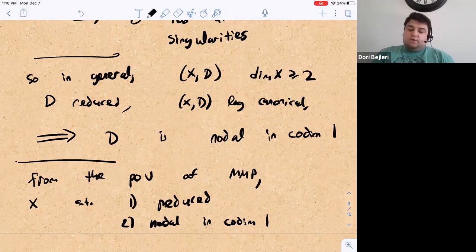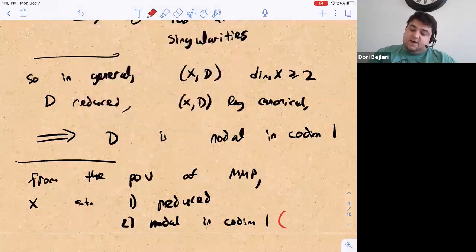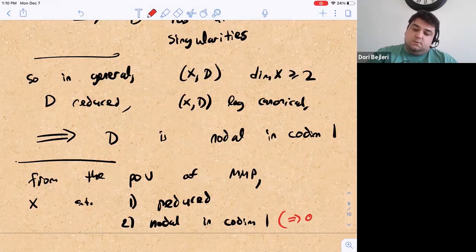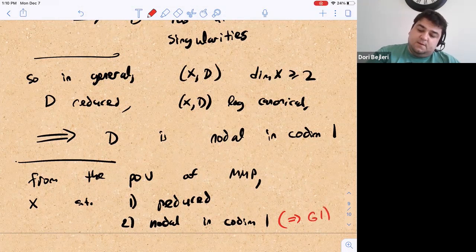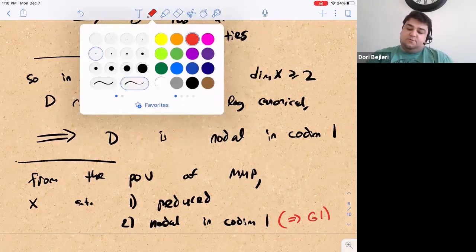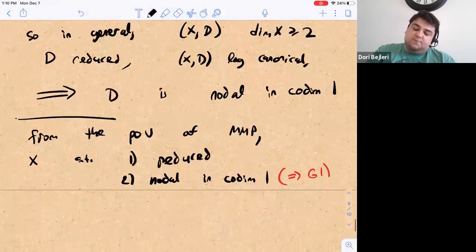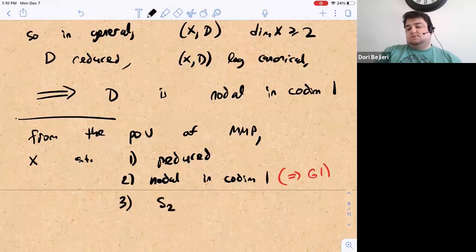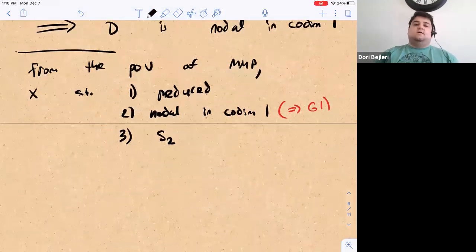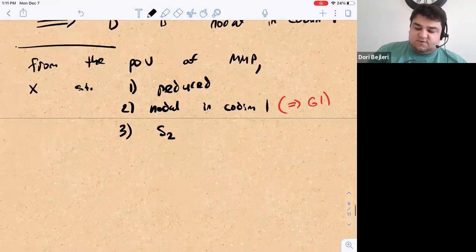And so if you're nodal in codimension 1, then in codimension 1 you look like a nodal curve cross something smooth, and so you're also Gorenstein in codimension 1. So that automatically takes care of that. But this is a much smaller class than the general Gorenstein in codimension 1. Okay, so we want a reduced variety, nodal in codimension 1, and we need it to be S2. And this is a starting point. This is the analog of normal varieties in the non-normal case from the point of view of MMP.